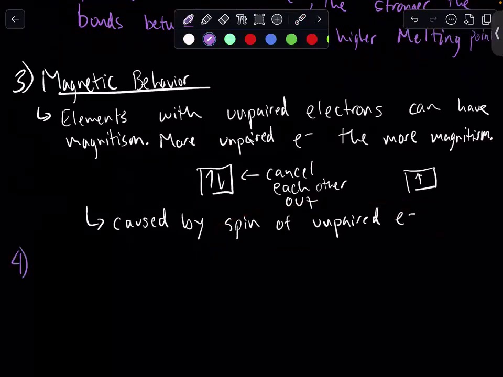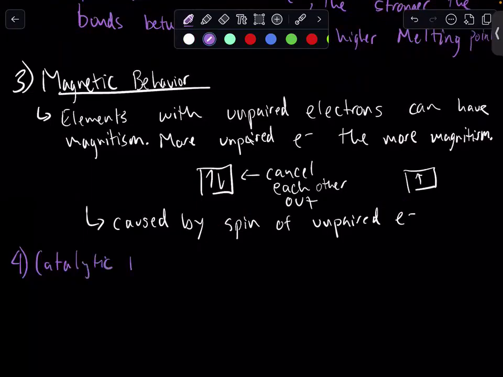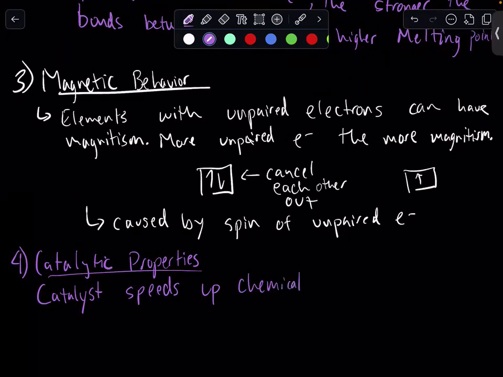Number 4 are catalytic properties. Now, if you're taking biology, you probably know what a catalyst is. You may know about it from other examples, but basically, a catalyst speeds up chemical reactions.